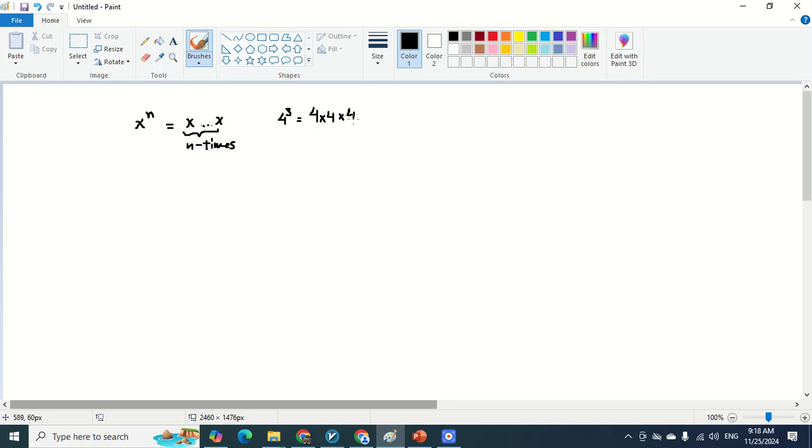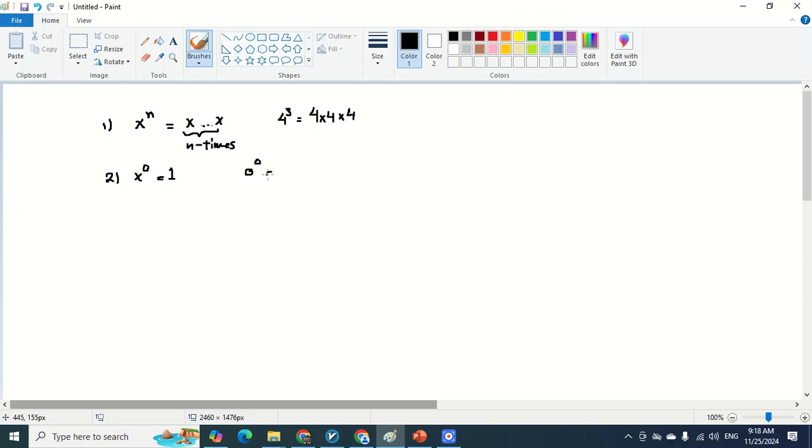In the meantime, we have a rule that if x has an exponent of 0, then x to the power of 0 will be equal to 1, except when x is 0. 0 to the power of 0 is undefined.